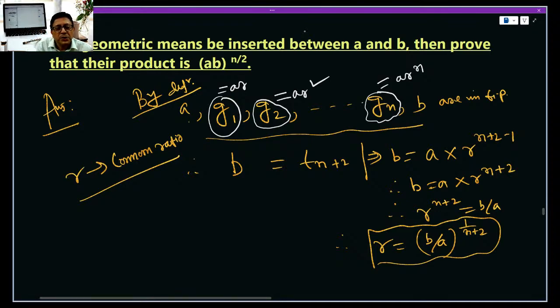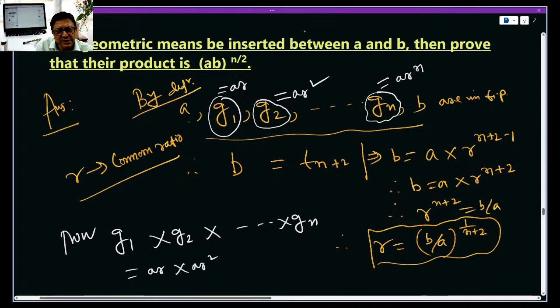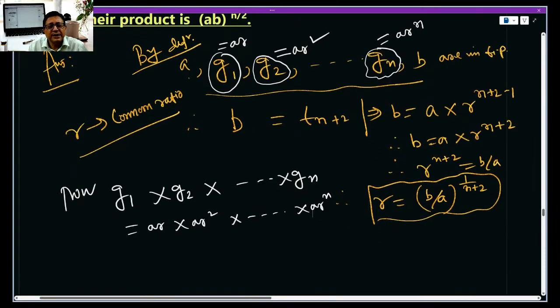Isn't it? So now the product G1, G2, Gn is going to be what? AR, AR square, AR to the power n. What does it give? A is there everywhere in these n terms.